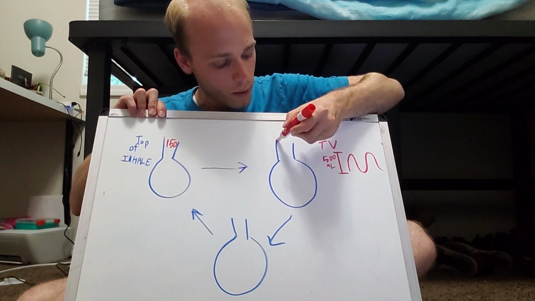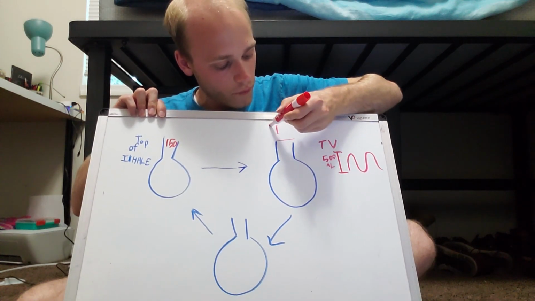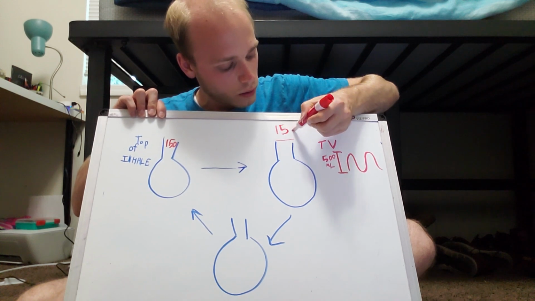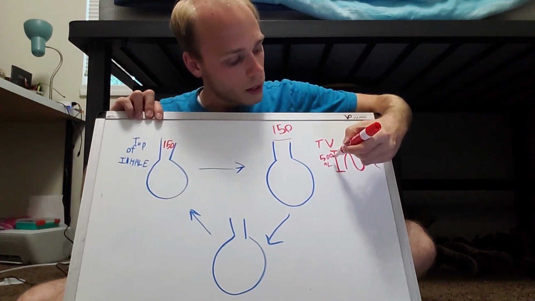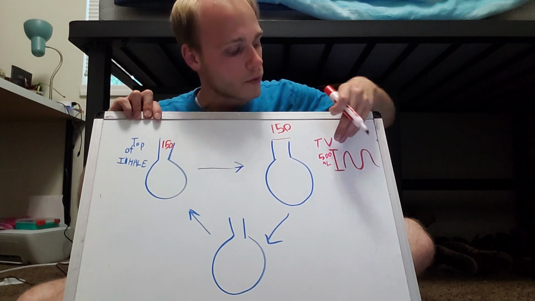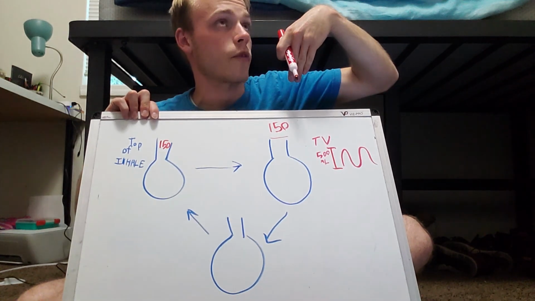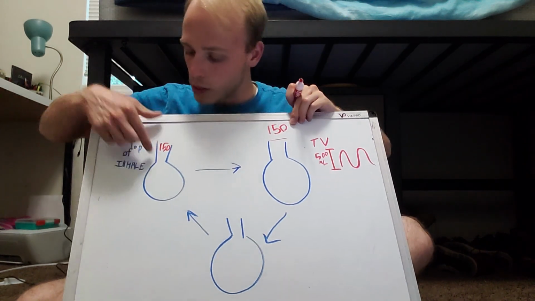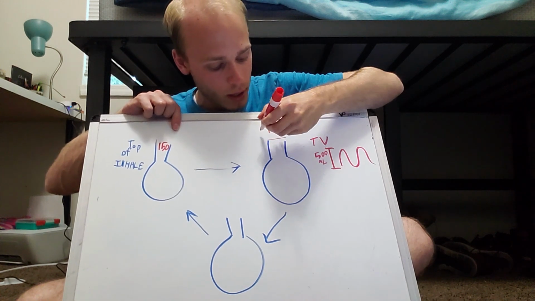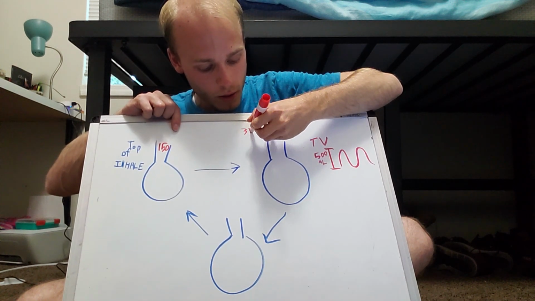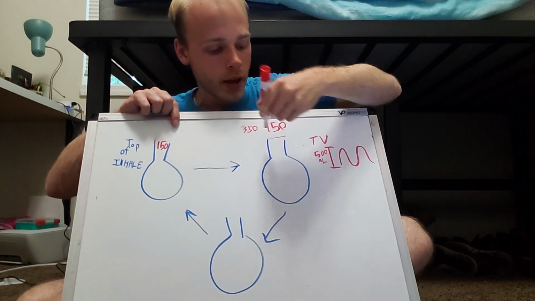So you move that 150 out, but we also need to push out another 350, because each time we breathe out 500 milliliters. So we breathe out this 150 in dead space and then another 350 outside of that.